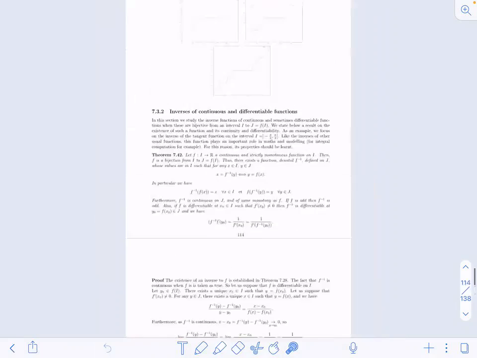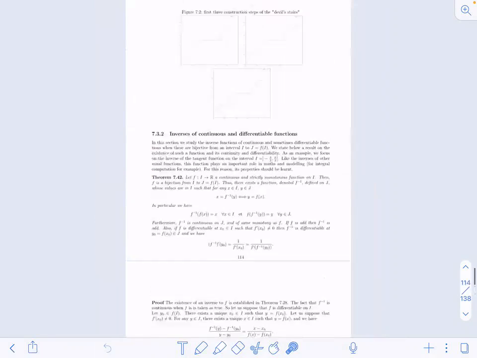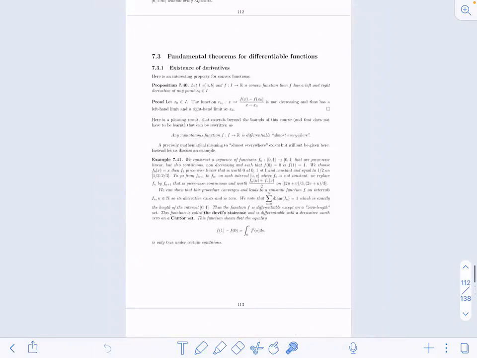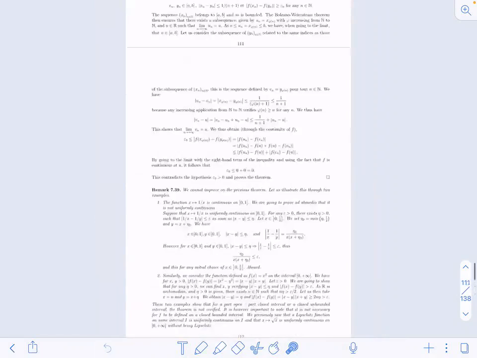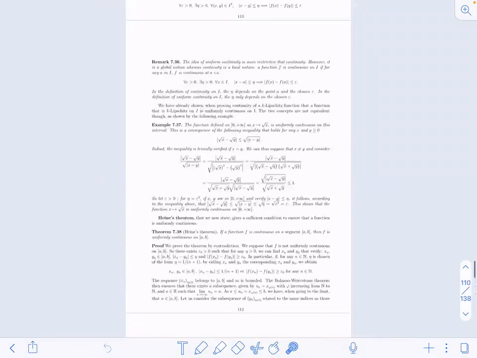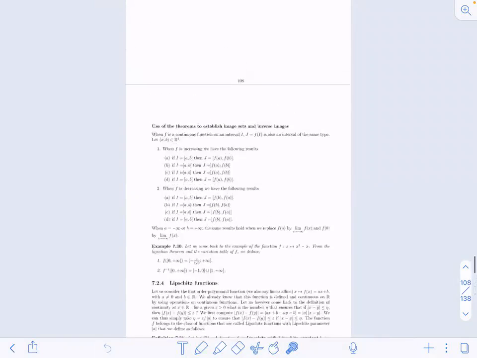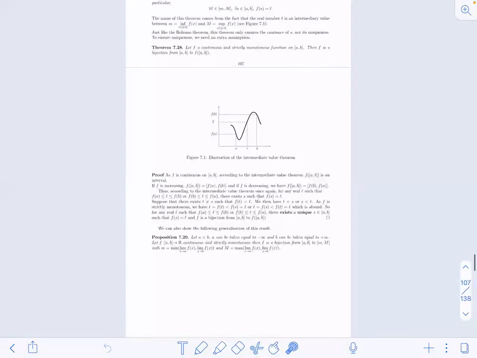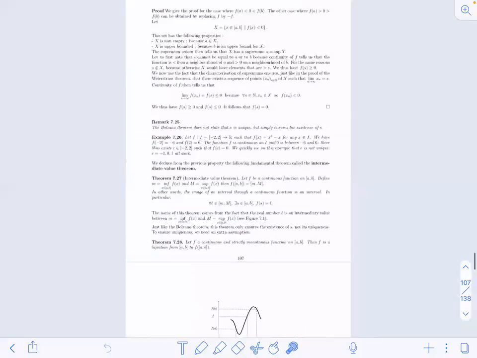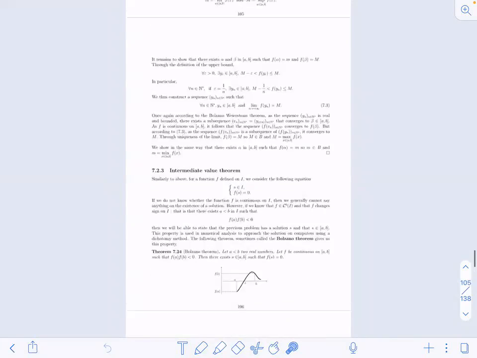So that includes inversing functions and the properties related to continuous functions. So we saw Heine's theorem, Bolzano's theorem, there's probably Weierstrass there as well, and the intermediate value theorem. So it's quite a dense chapter with lots of new notions.